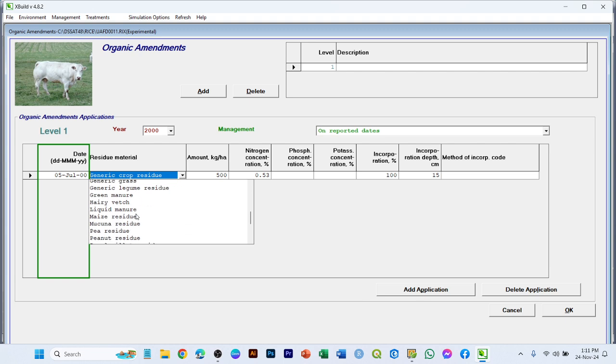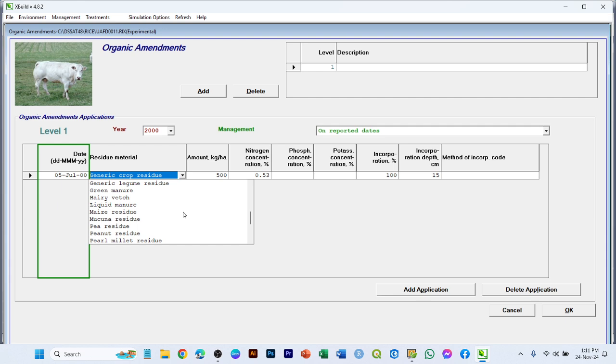Understand? But normally we can't. Being agronomists, we can't do these types of experiments. These types of experiments are conducted by soil scientists because their main objective is to improve the fertility of the soil. So that's why this option is utilized by soil scientists. But just for your information, you have to be familiar with this type of experiment.